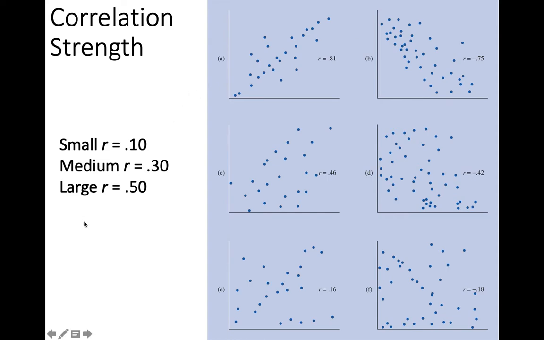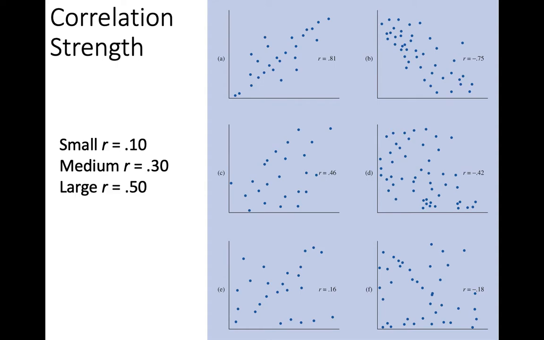Here are some guidelines given by statisticians for interpreting the strength of the relationship between two variables. A correlation around 0.10 would be considered a small or weak relationship. A correlation of 0.3 would be considered a medium or moderate relationship. And a correlation of 0.5 would be considered a large or strong relationship.